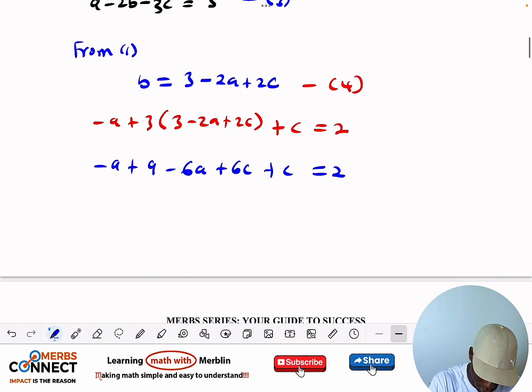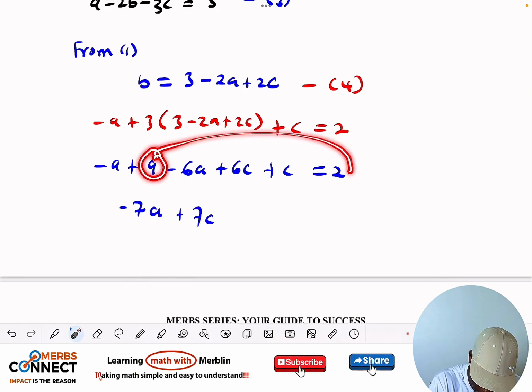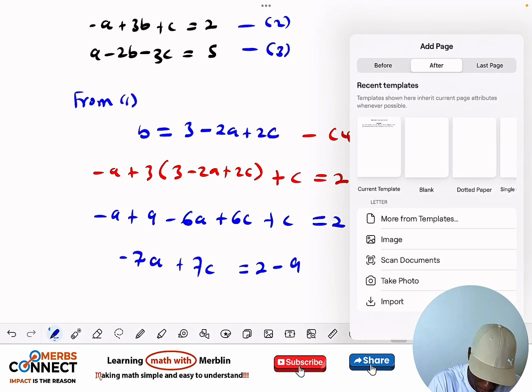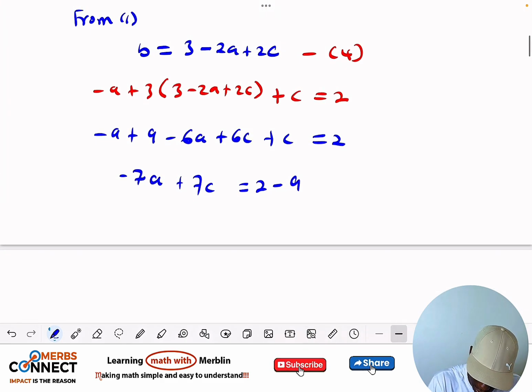Now this is going to give us minus 7a plus 7c. Then I'm going to move the 9 to this side and I'm going to have 2 minus 9. So we are going to have minus 7a plus 7c is equal to minus 7.